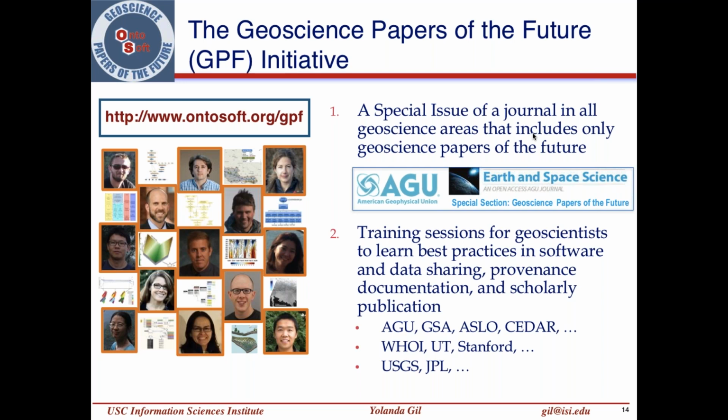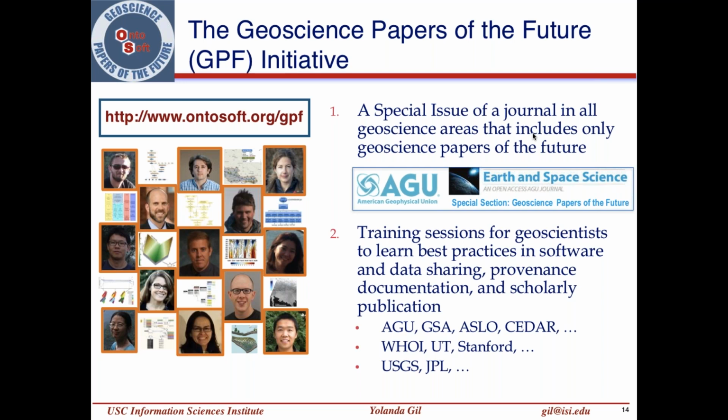So what we found is that learning to incorporate best practices into a paper that you are writing is a much more appealing way for them to really learn in practice what to do with their software. So this led to an initiative that we call the Geoscience Papers of the Future about how to incorporate these best practices in writing papers. We did this through 2 different ways.